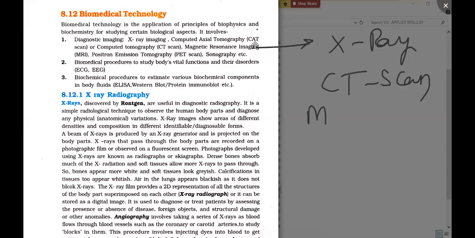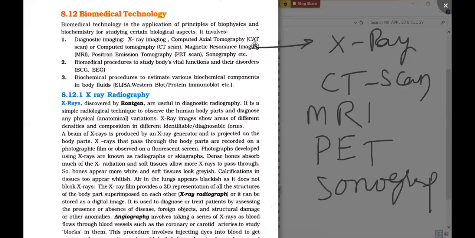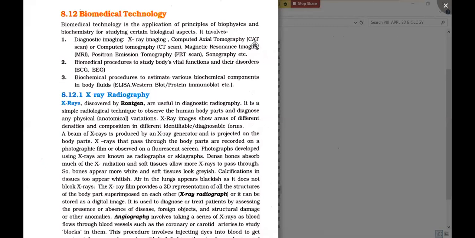We also say MRI, magnetic resonance imaging, positron emission tomography, then sonography. All of them we call diagnostic imaging techniques. Then the biomedical procedures like ECG, electrocardiogram, and EEG, electroencephalogram, are said to be biomedical procedures.